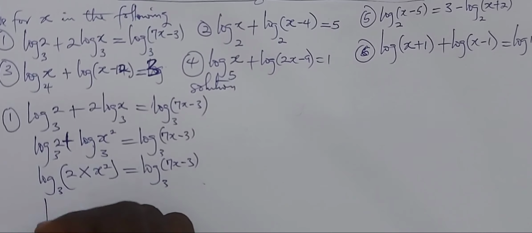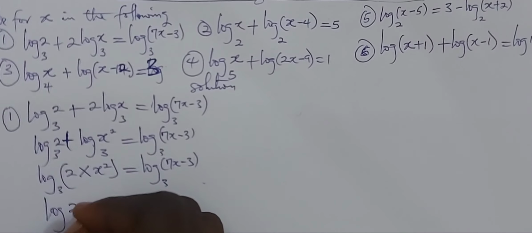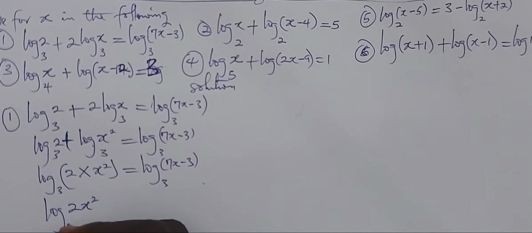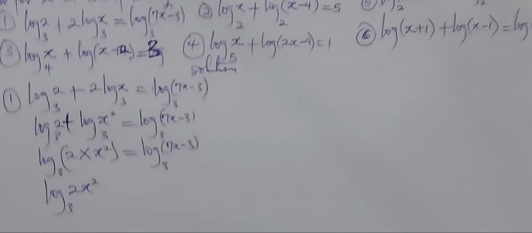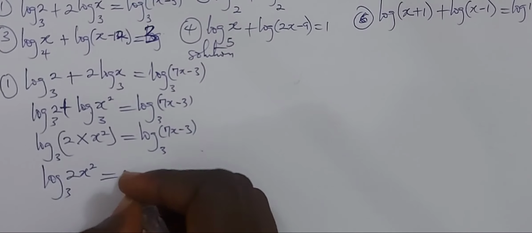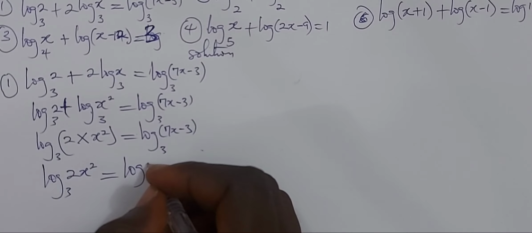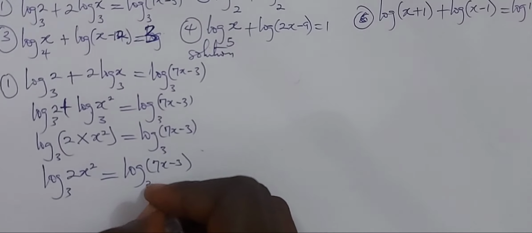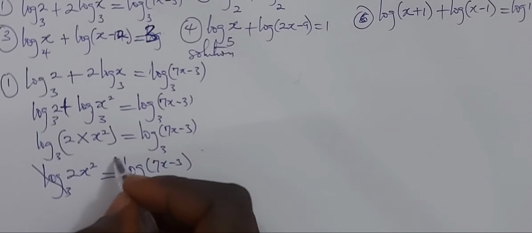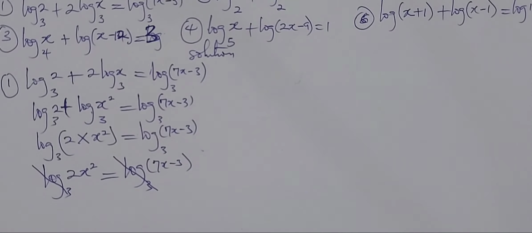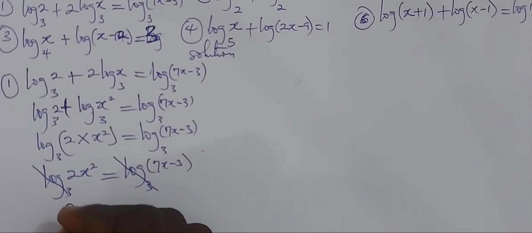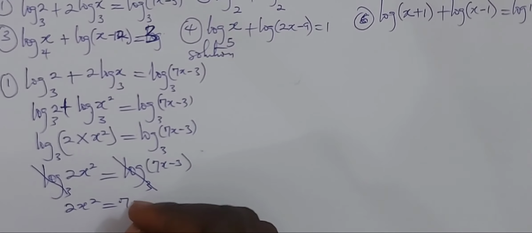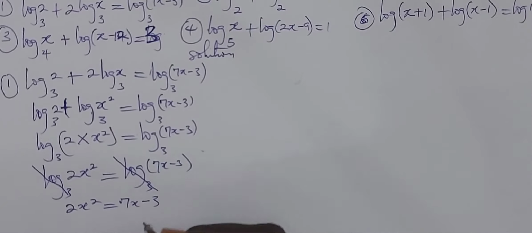So this will be log 2x squared to base 3 equals log (7x minus 3) to base 3. This is similar to this, you cancel it. So you have 2x squared equals 7x minus 3.